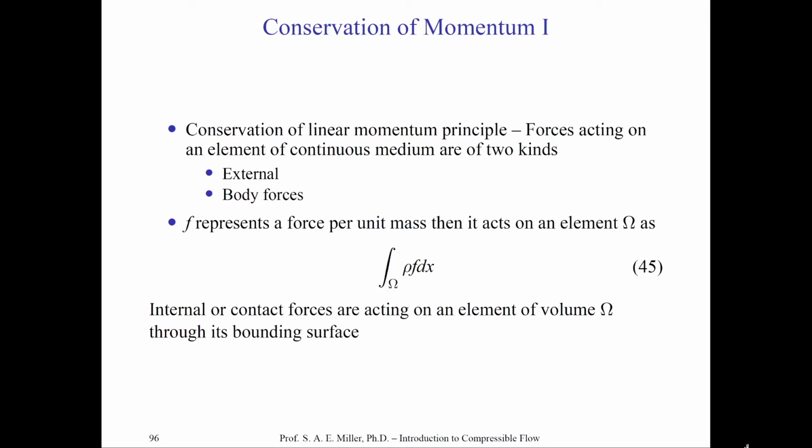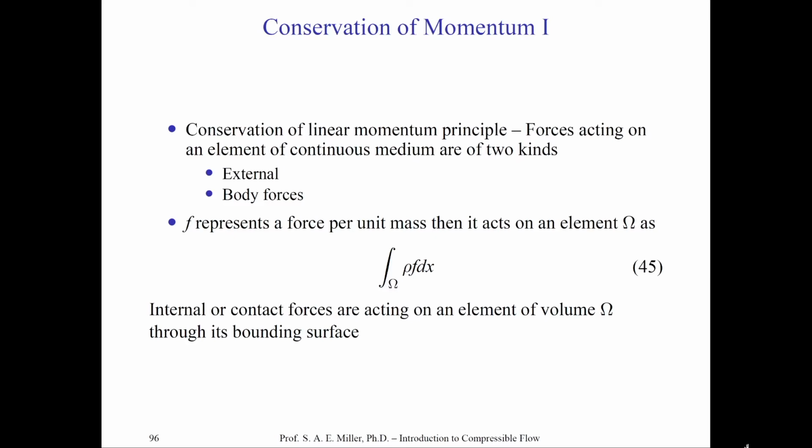And we can use our transport theory to try and develop this particular equation. Here, in this case, F, our vector or scalar in the fluid space, omega, will represent a force per unit mass, and so we're normalizing against unit mass. It will then act on an element omega as the following, 45.